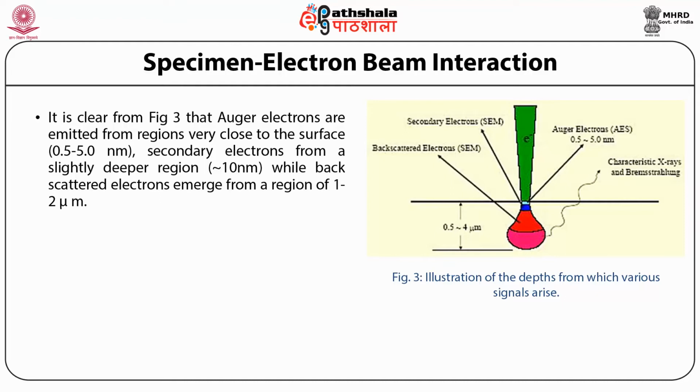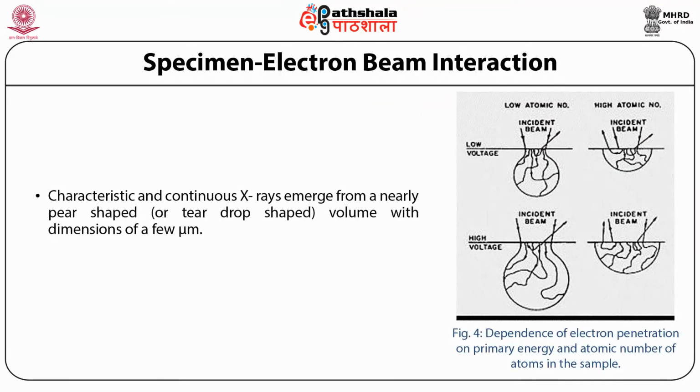Secondary electrons from a slightly deeper region, that is around 10 nanometer, while backscattered electrons emerge from a region of 1 to 2 micrometers. Characteristic and continuous X-rays emerge from a nearly pear-shaped volume with dimensions of a few micrometers.